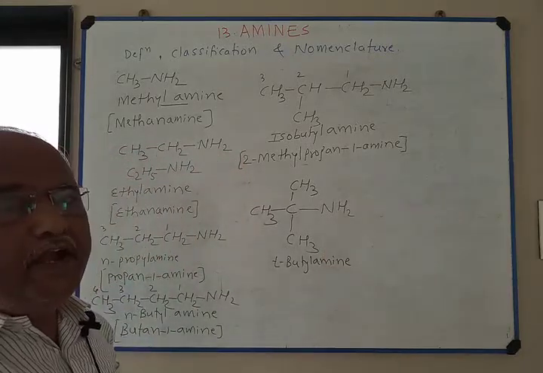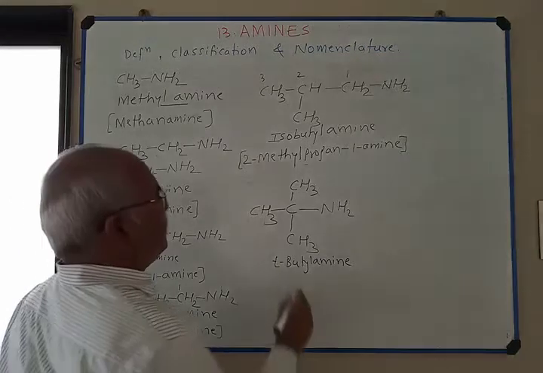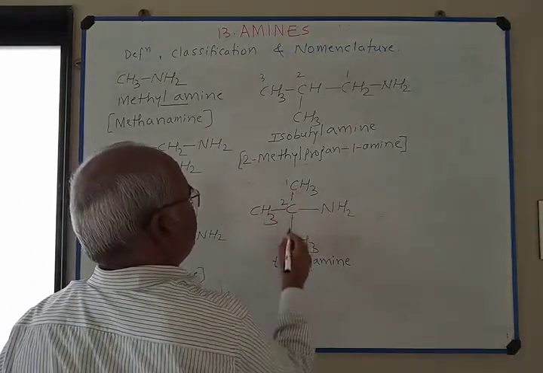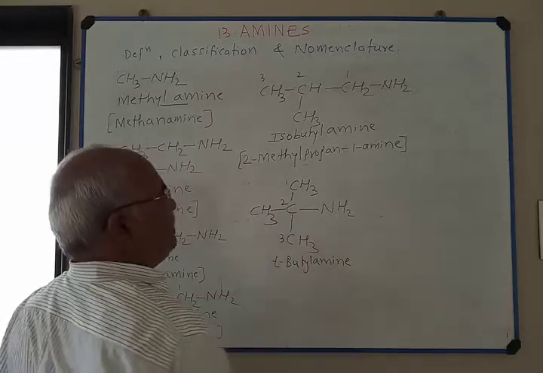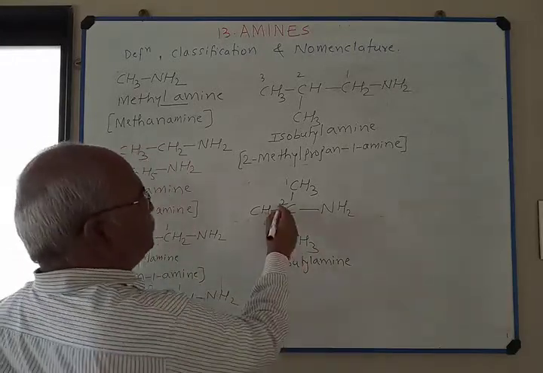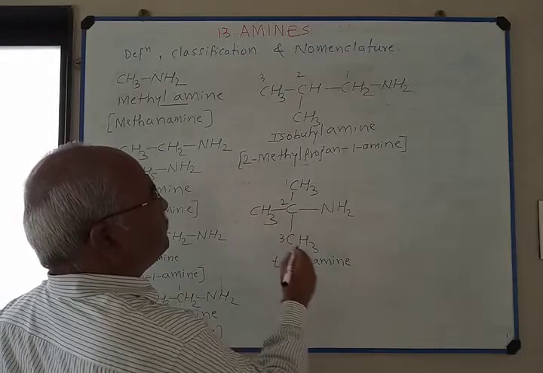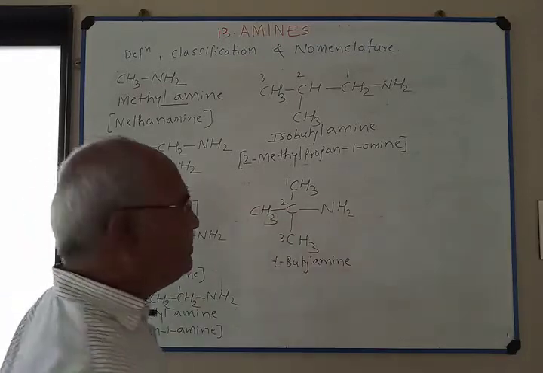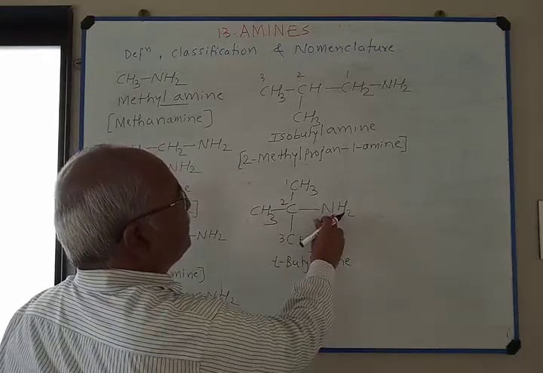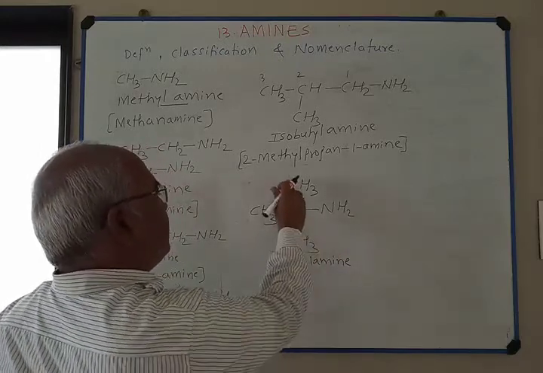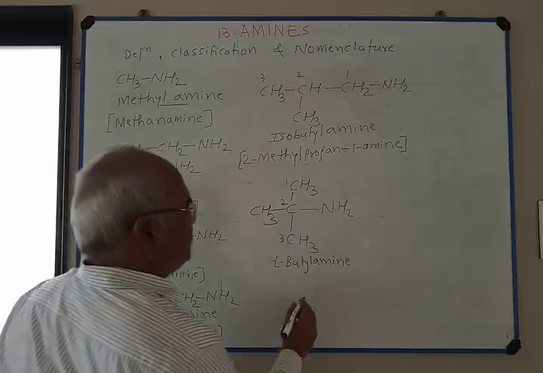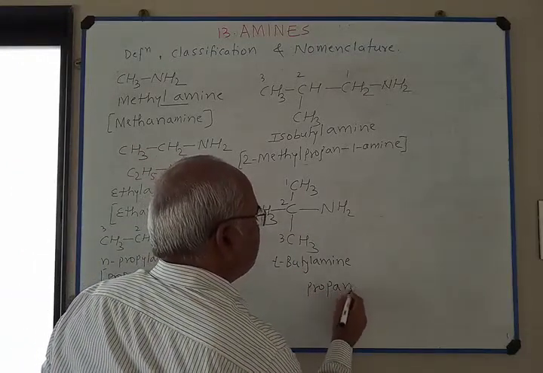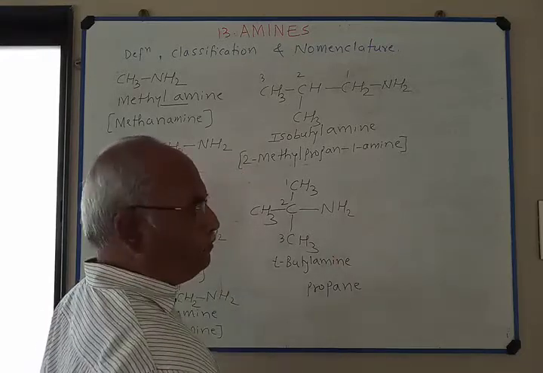Then we have to write the IUPAC name. This is number 1, this is number 2, this is number 3. At 2 position methyl group is present, at 2 position amino group is present. Amino group is the functional group. Longest carbon chain contains 3 carbon, therefore it is a derivative of propane.